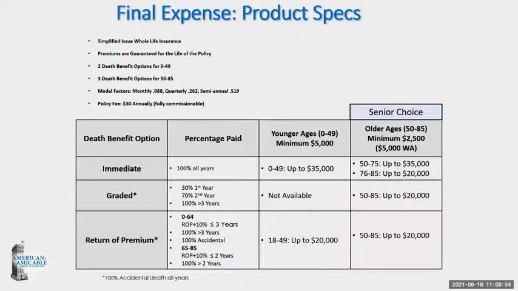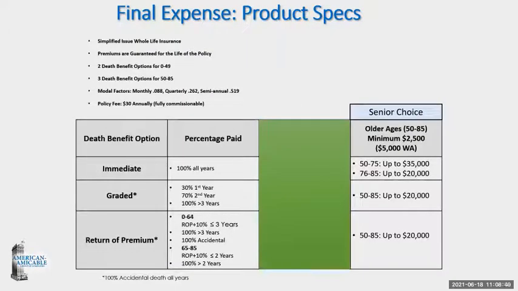Okay, so here's a little bit about the product. And what I'm going to do is I'm just going to get rid of that one. That's for the young, the 0 to 49. So just not to confuse anybody, we're going to cover that up right now. And you can see it's a simplified issue whole life plan. Premiums are guaranteed.